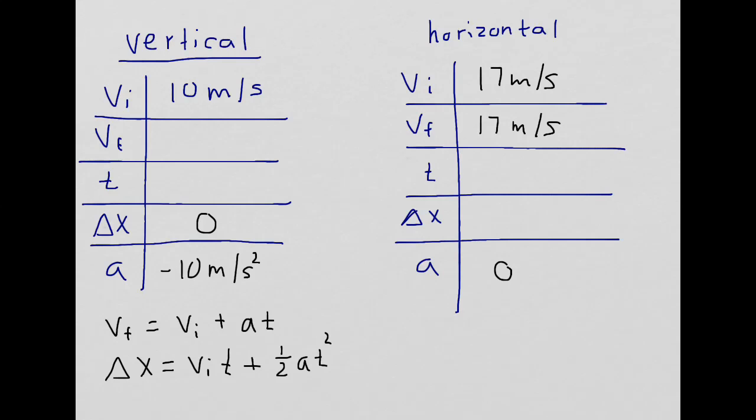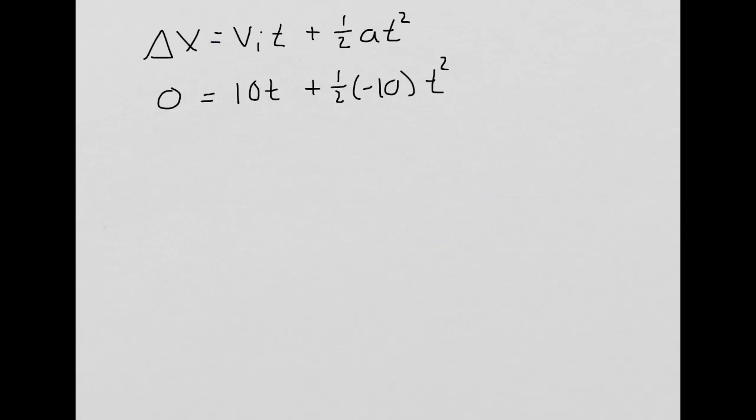And just as a side note, the difference with the plus and the minus: I defined the upwards direction as being the positive direction, so initial velocity would be positive 10 meters per second, and since gravity is in the downwards direction, and I'm saying that downwards is a negative direction, acceleration would have to be negative. Okay. So I can solve for t.